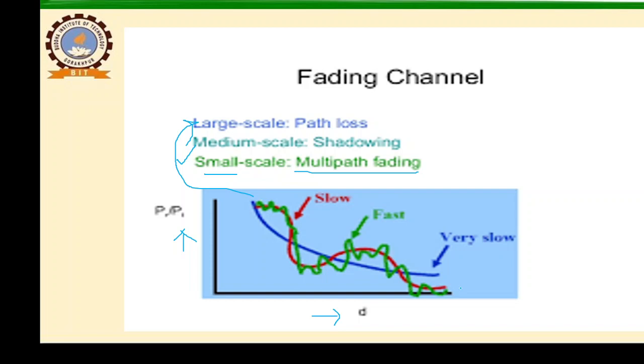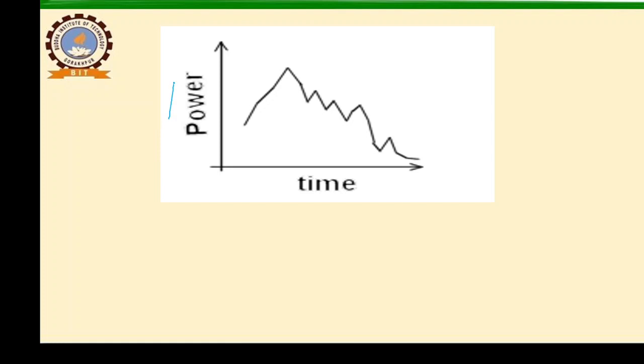But you also see that there is multipath fading which occurs like this, and you are seeing the fading effect from this drop line. This is the fading. It is just due to the power of the transmitter and the separation distance between the receiver and the specific environmental effects.